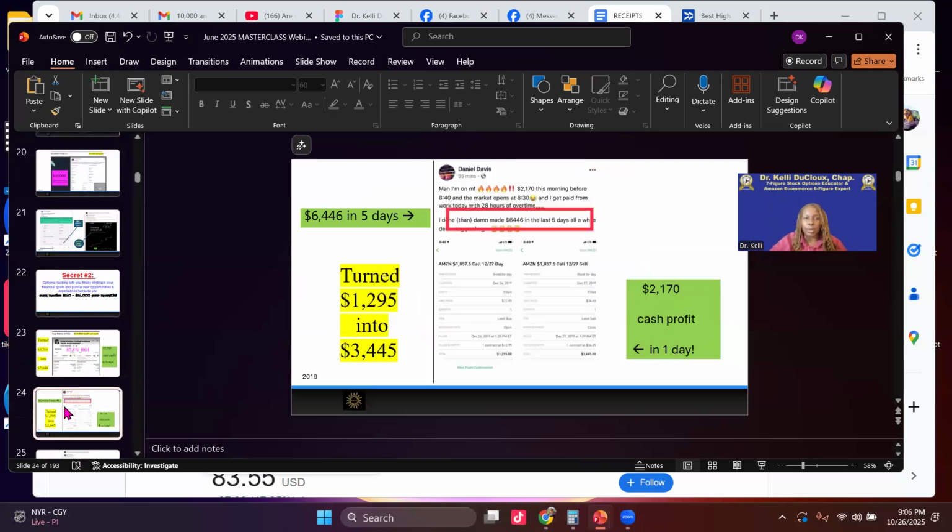Okay. This is someone else. His profit was $2,170. And he did this the day after Christmas, December 26, 2019 and December 27, 2019. So he got in 1 day. So he was able to pay for all of the Christmas gifts within 2 days after Christmas.